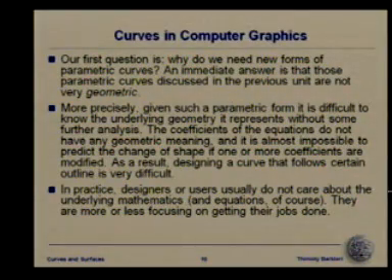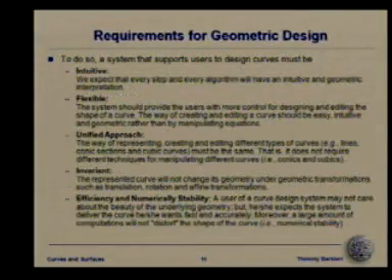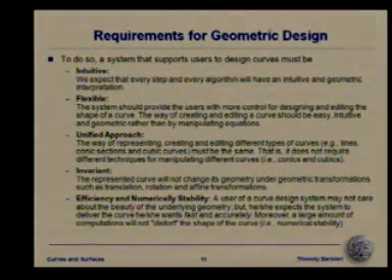What are the mechanisms that allow me to do this? Well, these are some requirements. So I need something which is intuitive to use, flexible, invariant. I mean, I fix the anchor points. I have a curve calculated from these anchor points. If I transform the anchor points, I want the curve to stay the same.